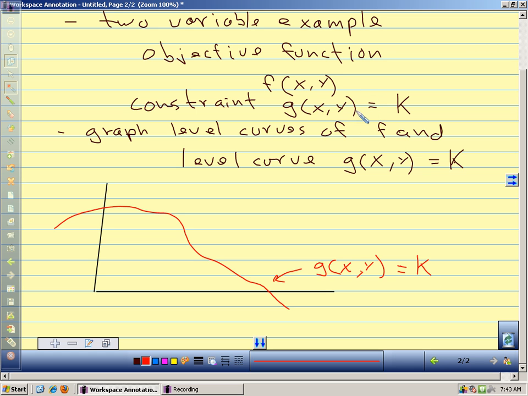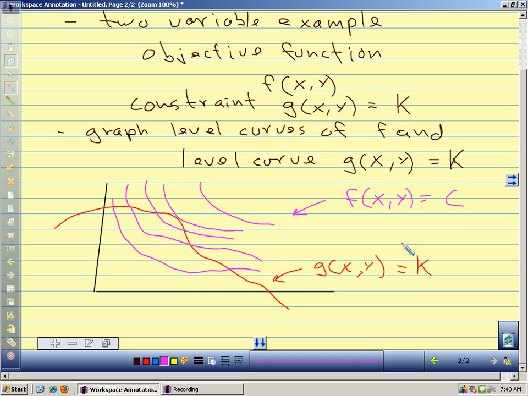So here is one. I'll do that in a different color. We're going to say that these purple curves are f of x, y equals some constant.